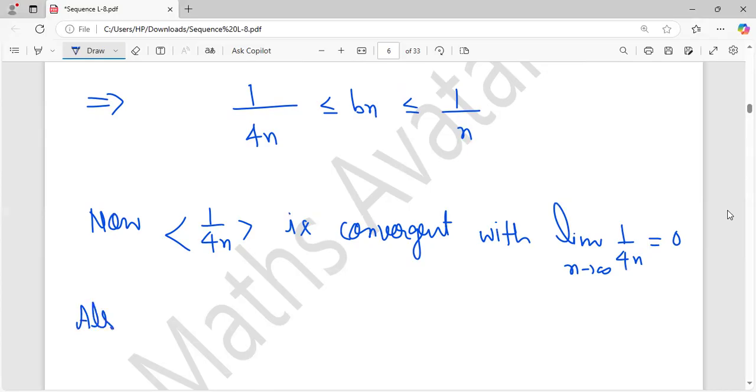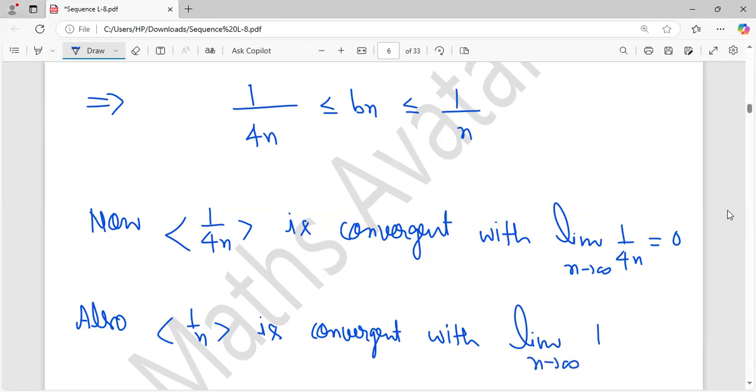Also, 1 upon n is convergent with limit as n tending to infinity of 1 upon n equal to 0.